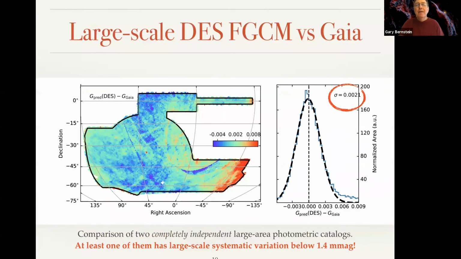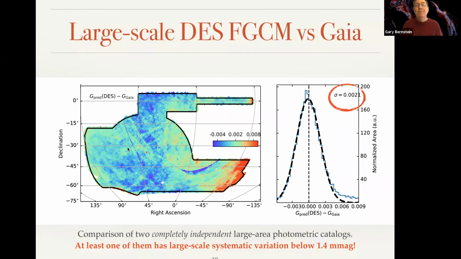Okay. And the last job of the photometric calibration, I won't talk about very much because Eli's going to talk about this, is to tie all the exposures together in an ubercal-style thing with a larger chi-squared minimization. I'll let Eli say more, but I'll steal my favorite plot from him because I think it's so amazing. This is the large scale difference between DES measured magnitudes of stars and Gaia measured magnitudes of stars.